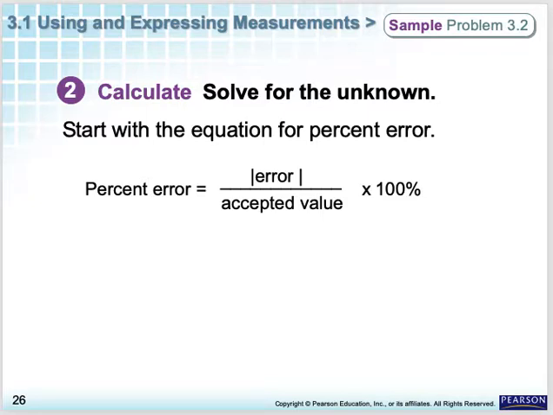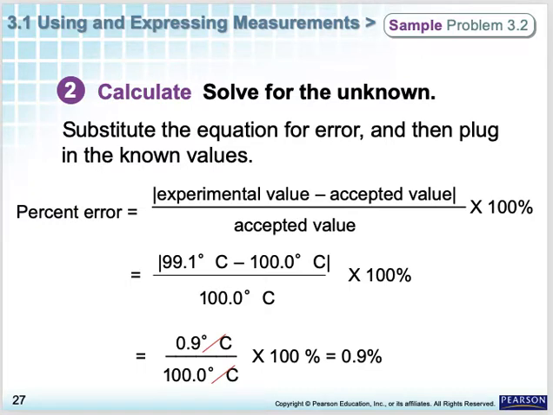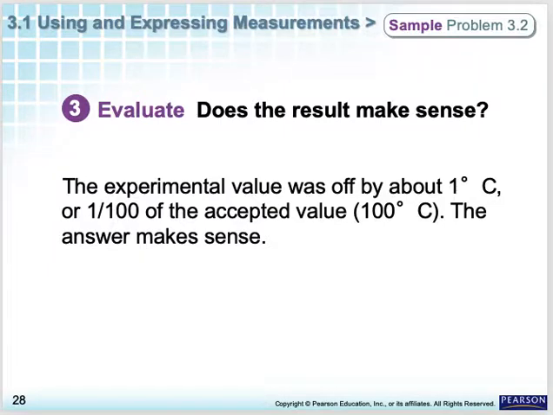In this case, it would be 99.1 minus 100, but we take the absolute value, so we get positive 0.9, divided by 100, times 100, so we end up with 0.9% error. Does this make sense? It does.